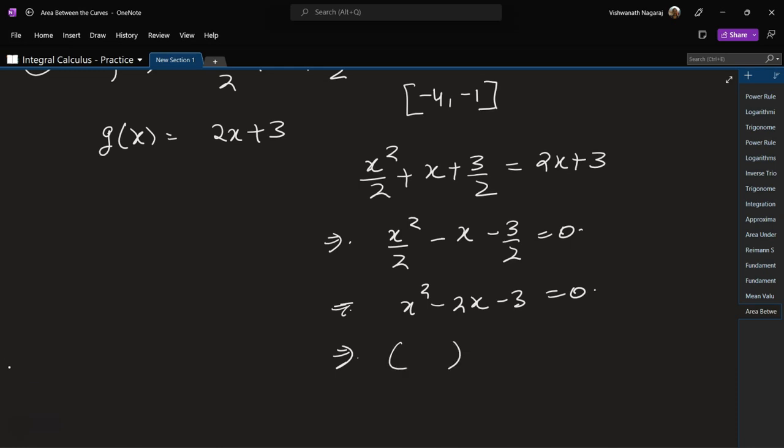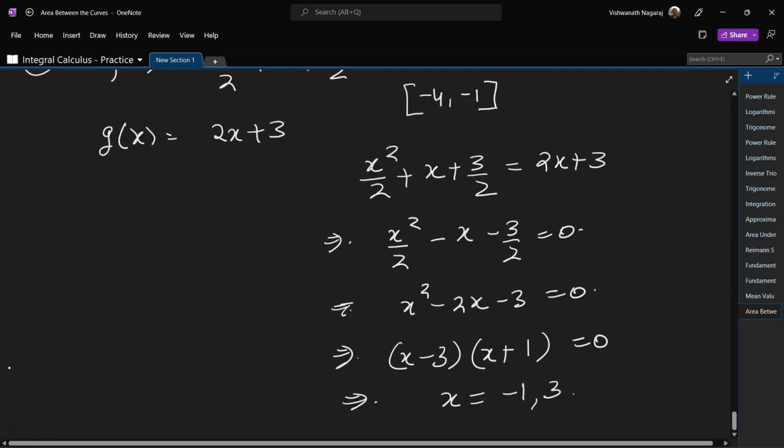This can be written as x square minus 2x minus 3 equal to 0. And let's factor this. x, x, and what do we get here? 3 and 1. So minus 3 plus 1 is minus 2, and minus 3 times 1 is minus 3 equal to 0, which implies x equal to minus 1 and 3.